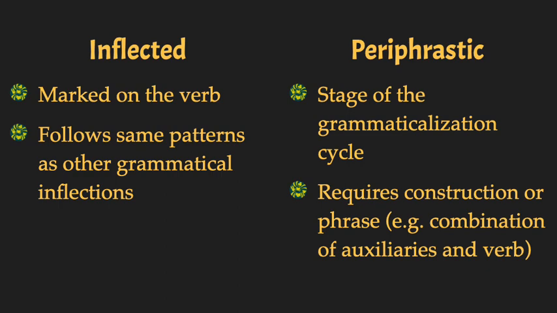And then new phrases are formed to cover other aspects or other ways of talking about grammatical things. The key feature here is that it requires a full construction or phrase. For example, a lot of instances of periphrasis for English verbs will require auxiliaries and the main verb, or a string of auxiliaries in some cases, and a main verb.